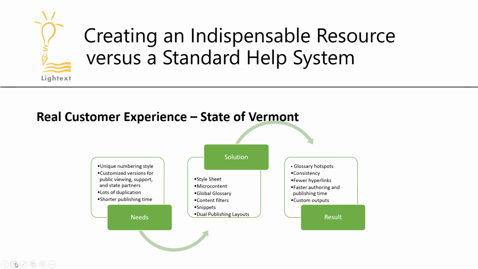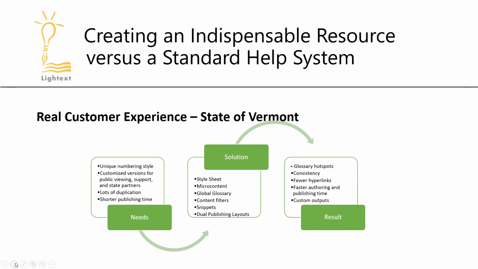So the solution for them was to create a very stylized style sheet that incorporated their numbering scheme, microcontent to help them find quick answers, a global glossary. Snippets were used a lot to reduce duplication, and really creating some structured publishing layouts so that they could reduce their publishing time. And the result was they have glossary terms that are hotspotted all over their content.